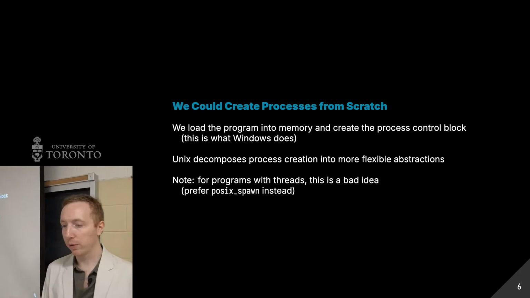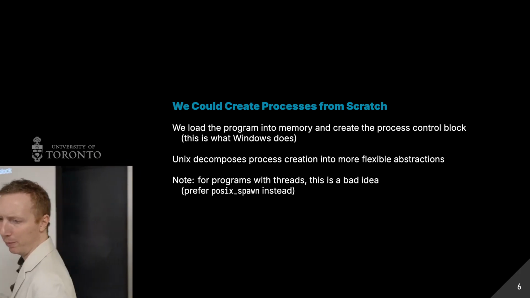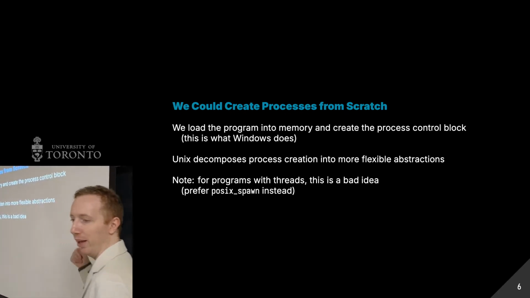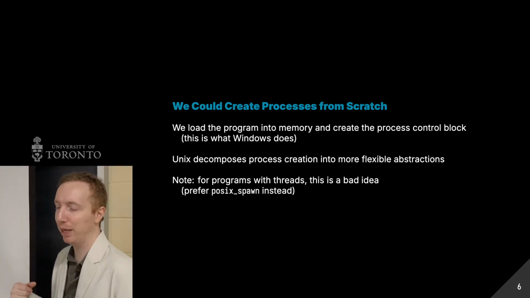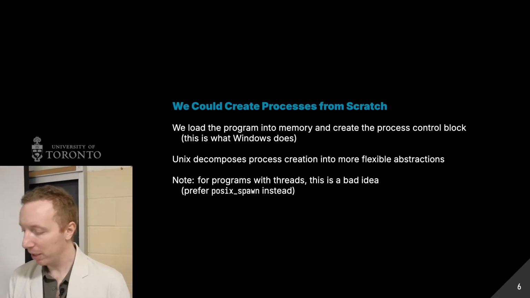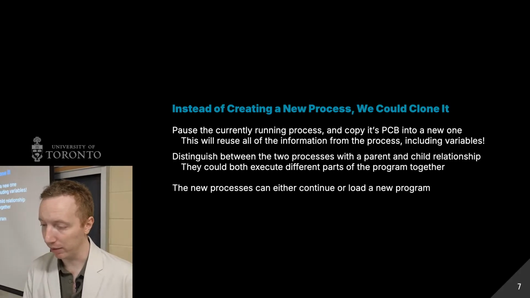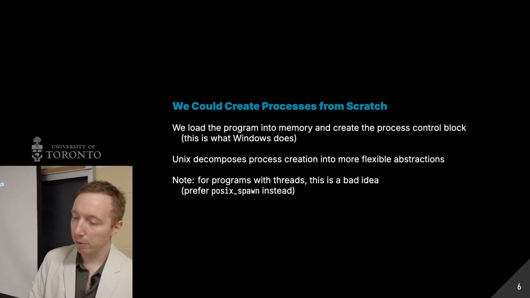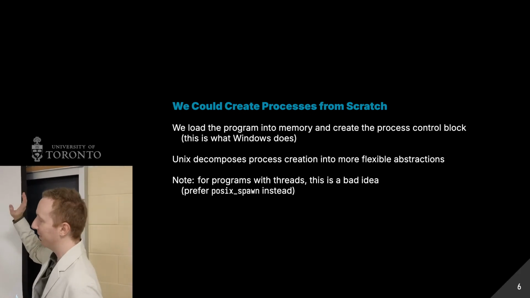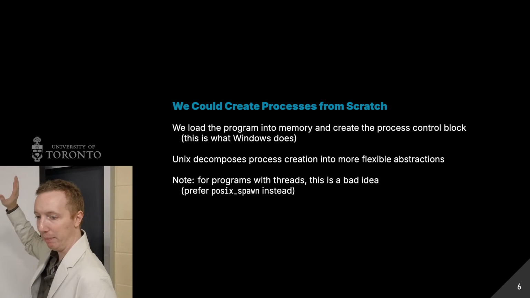Unix, for historical reasons, decomposes process creation into more flexible abstractions, although I would also argue that they're becoming increasingly bad with threads, but we're going to roll with it for now. We'll see why it's bad once we get to threads. For programs with threads, typically this decomposition of process creation is going to be a bad thing.